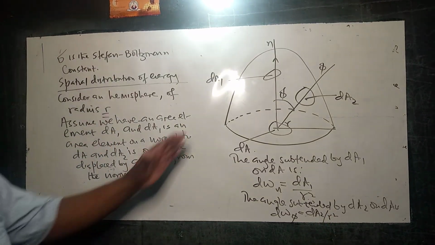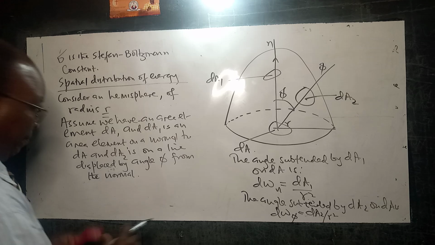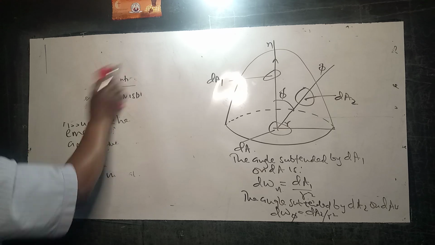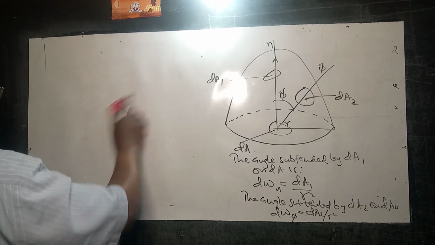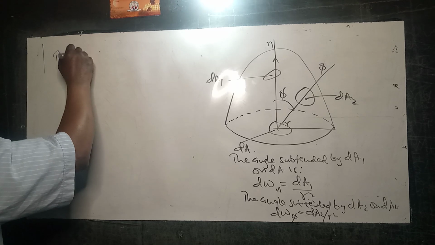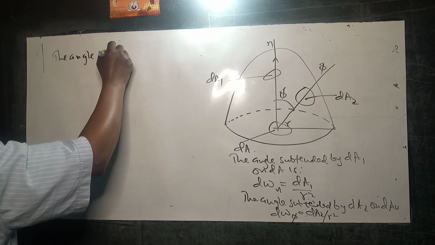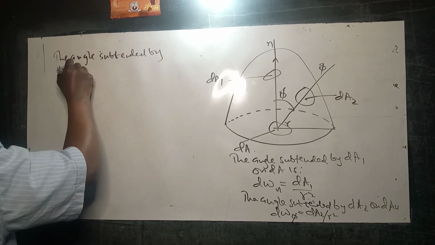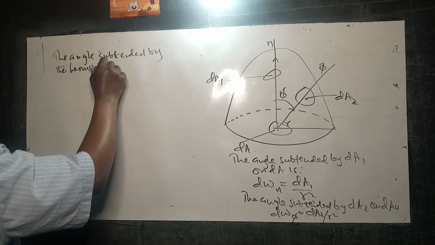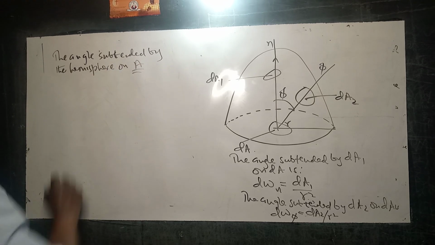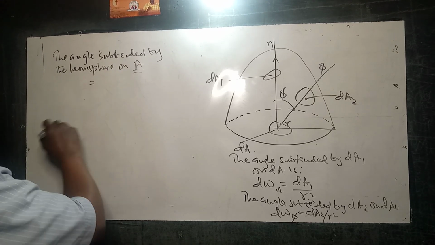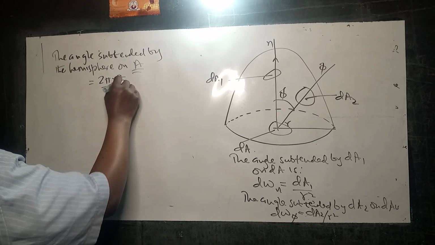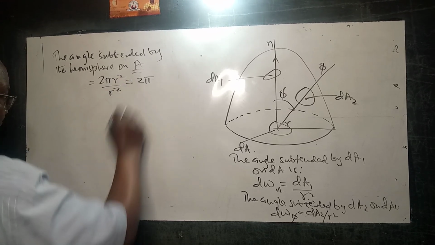And of course, the angle subtended by the total hemisphere on A will be given by 2 pi r squared over r squared, and that is 2 pi.